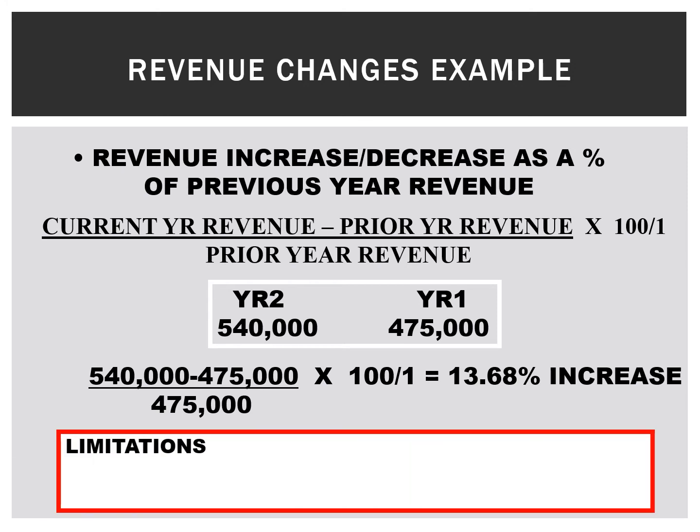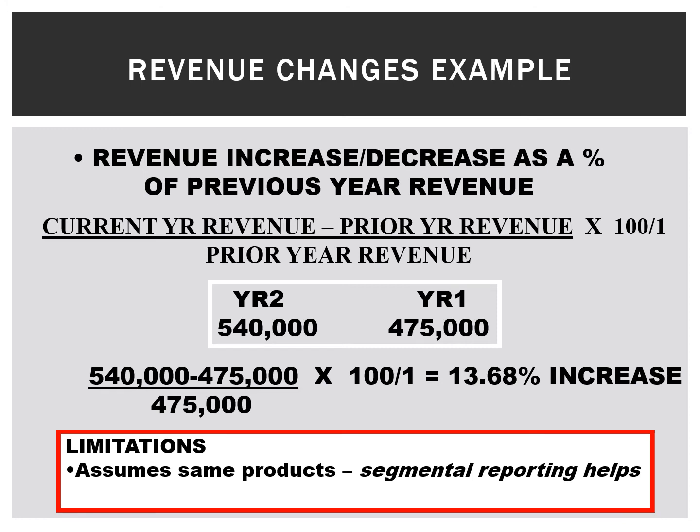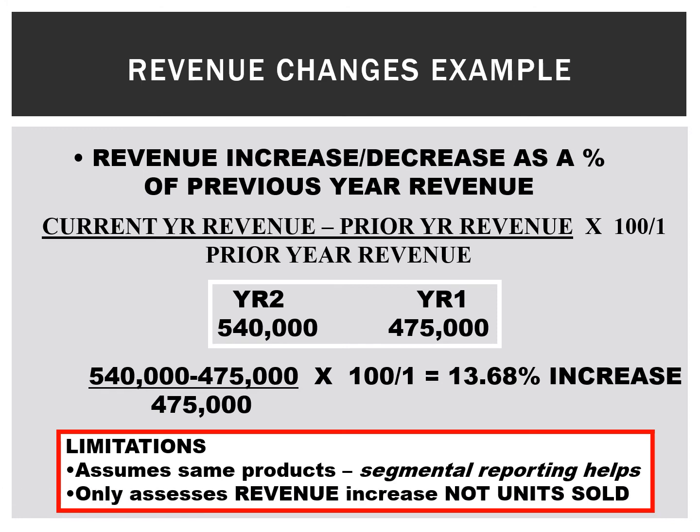And do remember, most important thing, that's an increase in revenue, not necessarily an increase in the number of units sold, but we might get an indication of that from the gross profit percentage change, if there is any, during the period.